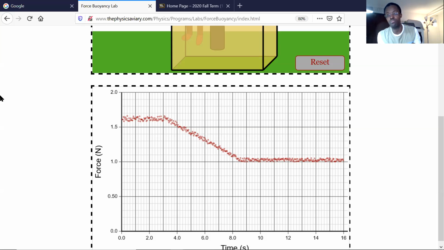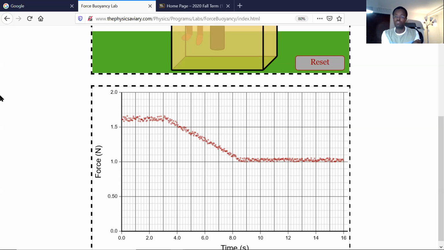The actual weight minus the buoyant force gives you the apparent weight, and since the buoyant force increases, the apparent weight has to decrease. That's why you have a decreasing curve.